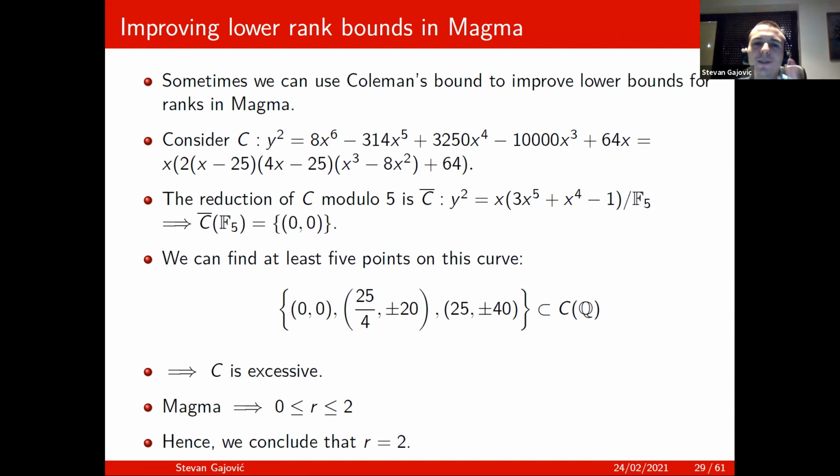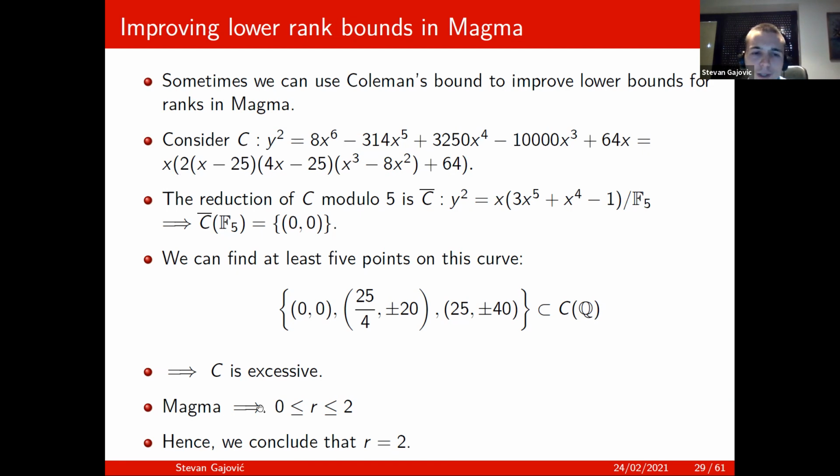And for example, sharp curves and excessive curves can improve lower rank bounds in Magma. For example, if we want to determine the rank of the Jacobian of this curve, there is a command in Magma that gives you lower and upper bounds.